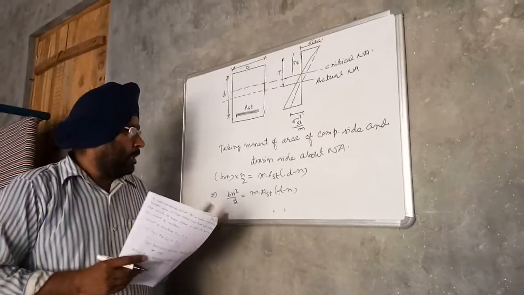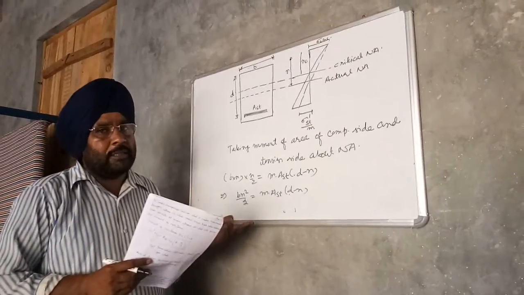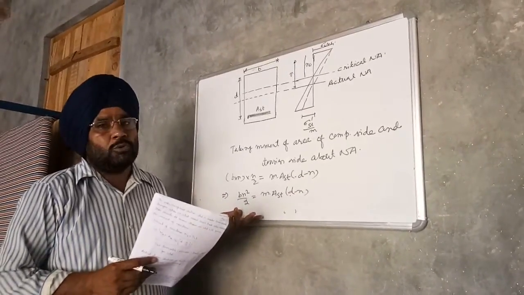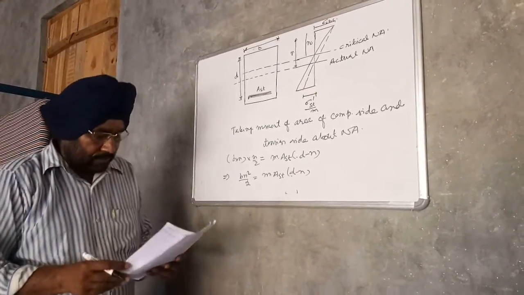Only the positive value is taken because neutral axis cannot be negative. So the neutral axis determined from this equation is the actual neutral axis.